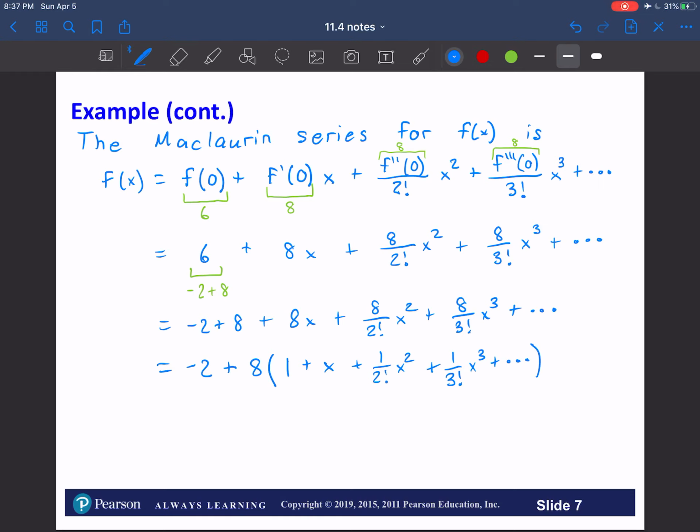And what you might notice at this point is that this infinite sum is the Taylor series expansion for e to the x. So let's write this as an infinite sum. This is the sum from k equals 0 to infinity of x to the k over k factorial.